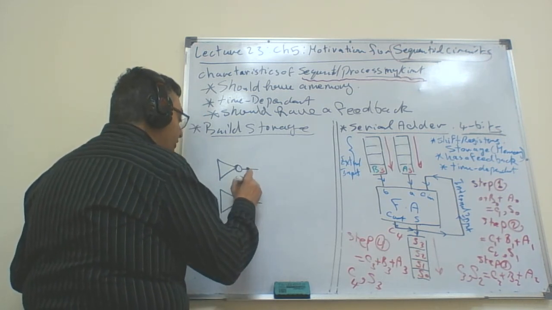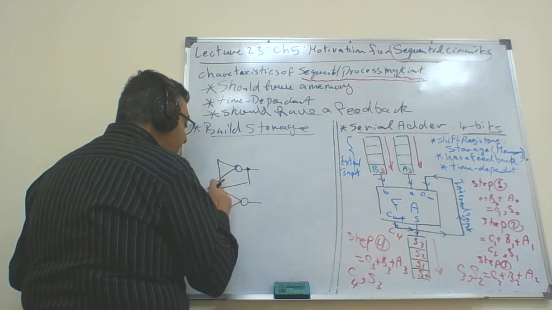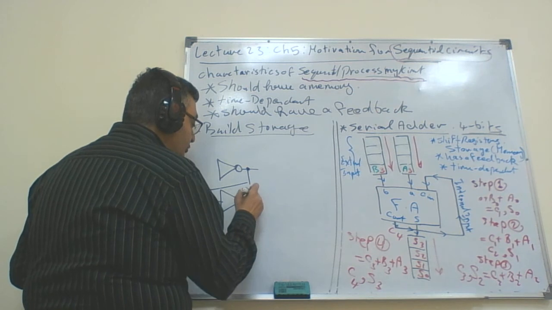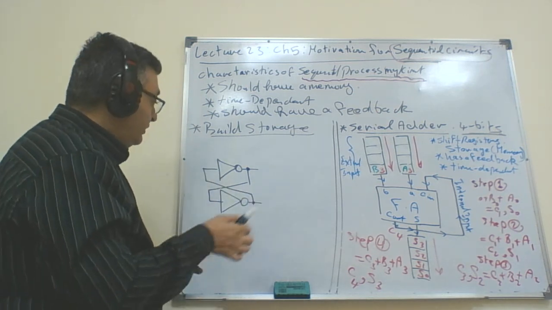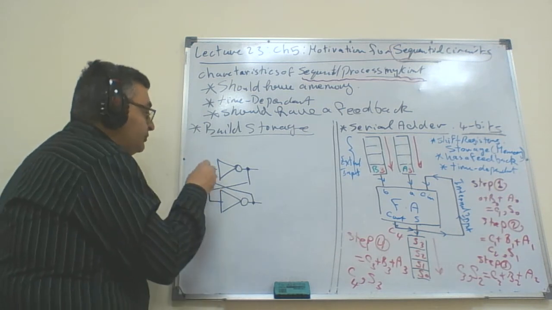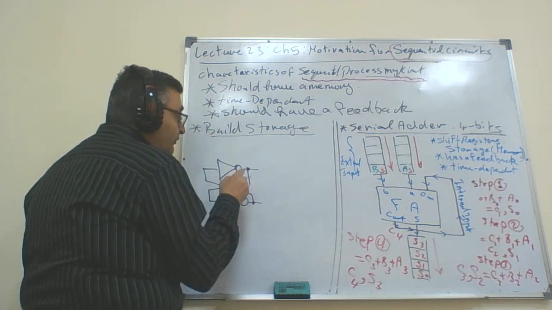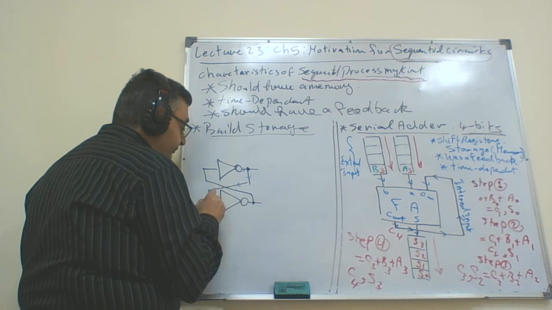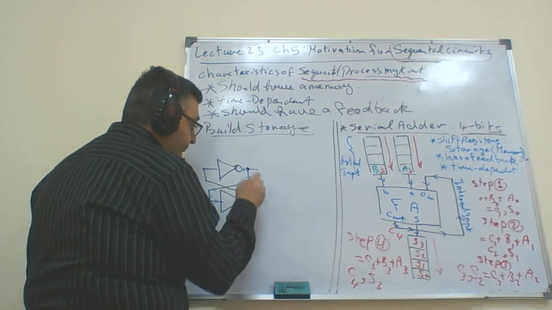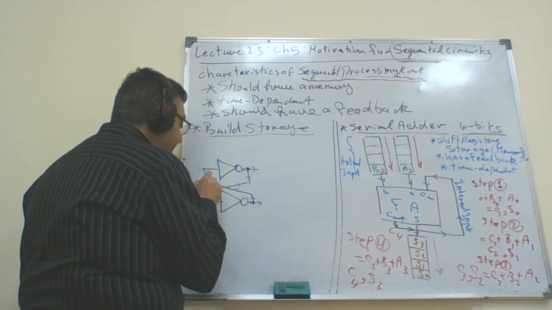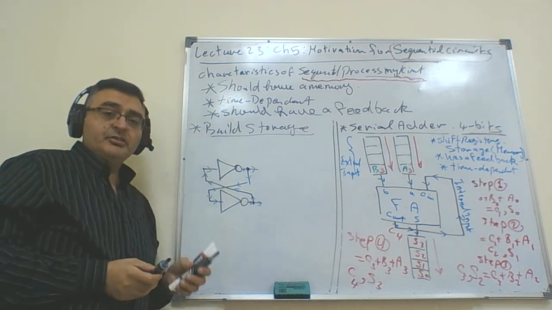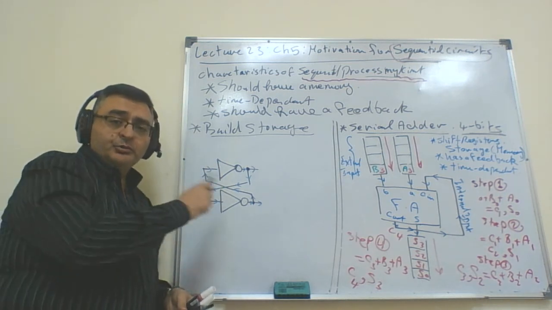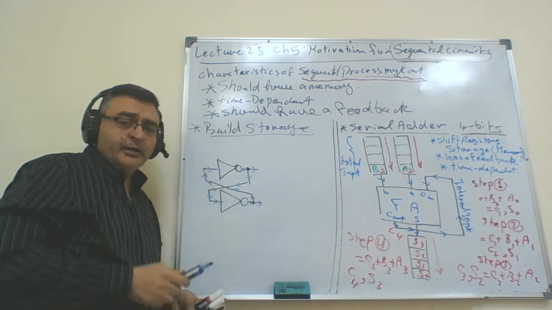The first memory cell is a very simple circuit that is shown here, and I just want to put some arrows to indicate the flow of signal. What's this? These are two inverters connected back to back, nothing else.